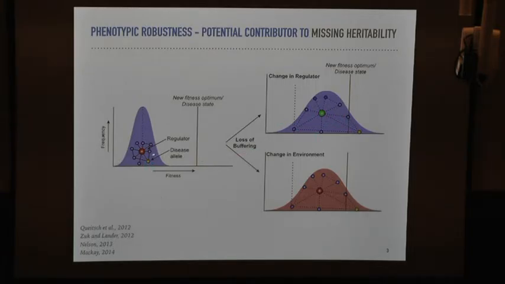The only reason this disease allele is now a causal agent for disease is because it's in an unbuffered state. So it becomes very important for us to understand the genetics of phenotypic robustness, to comprehensively understand which causal disease alleles lead to disease phenotypes.